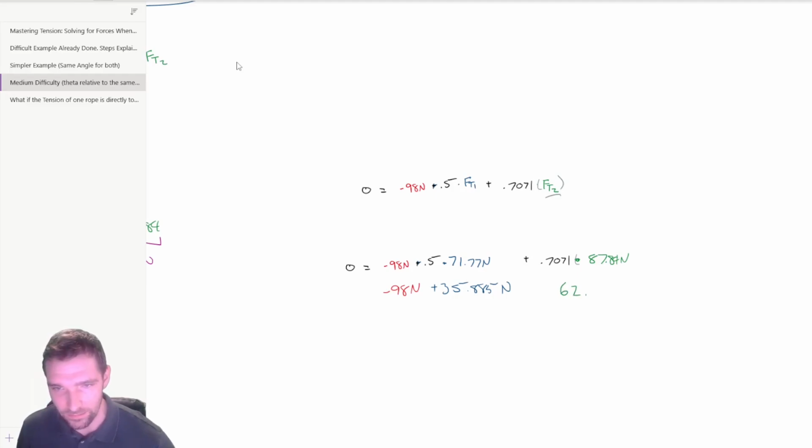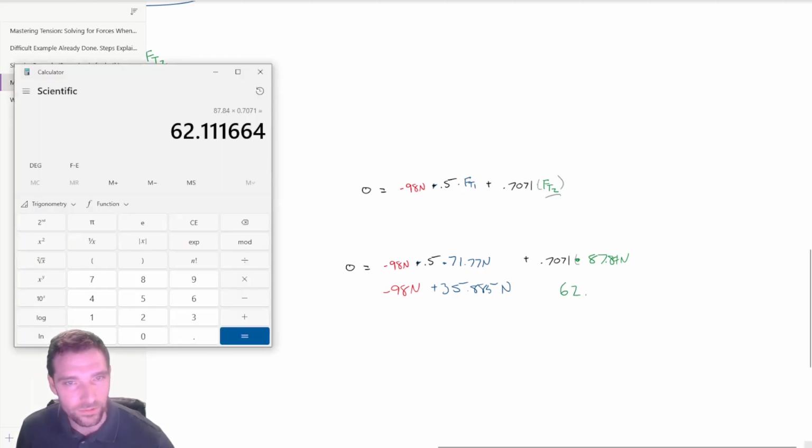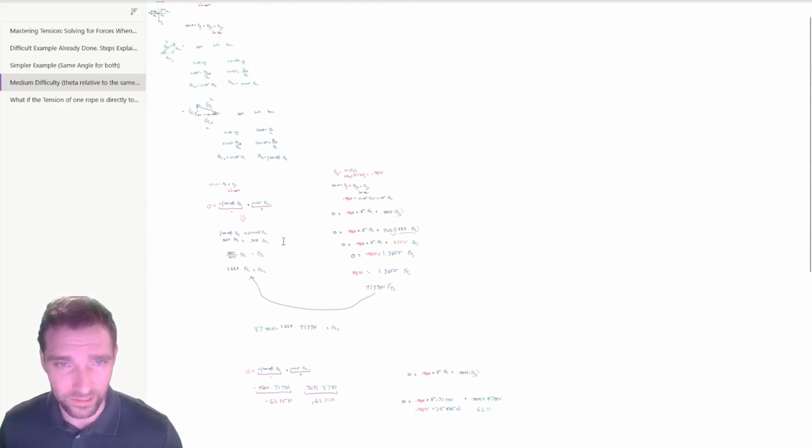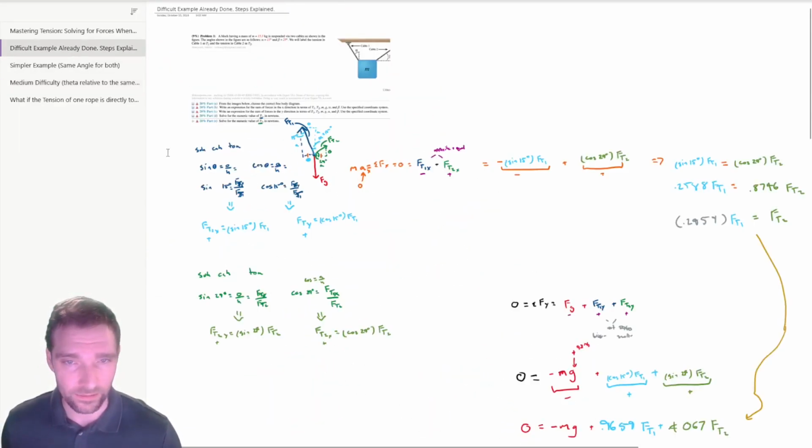And that does end up working out pretty close. If we combine those, that should add up to like 98. I'm seeing 97 point, yeah, it's basically 98 when you add those up. So they do cancel out. They're close to canceling out with our rounding. So that's very closely related to what we saw in the original problem.